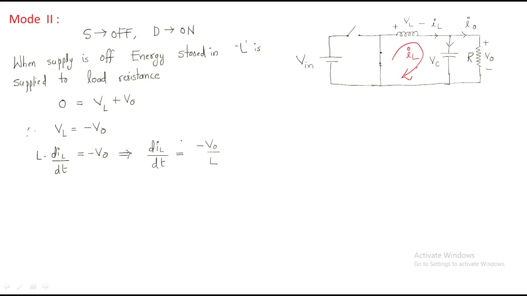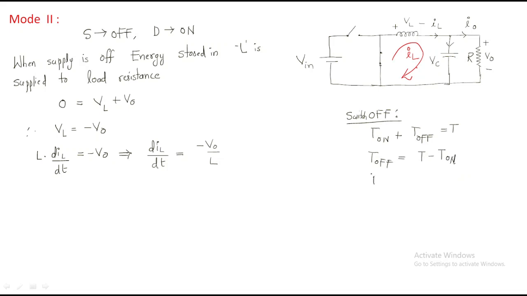Now we can define the off time. This is the switch off period. What is the relation between on period and off period? Generally, switch on period plus off period is equal to the total period. From this, the off period equals total time minus on period.